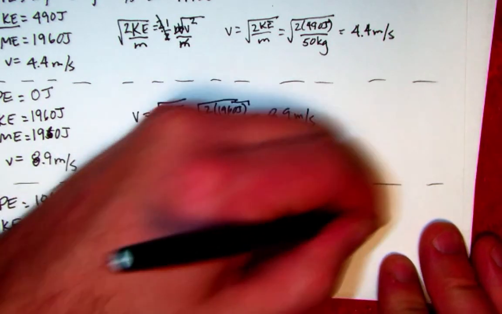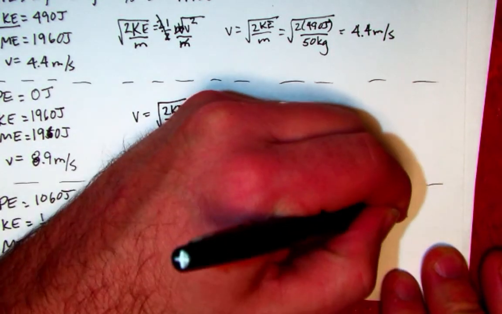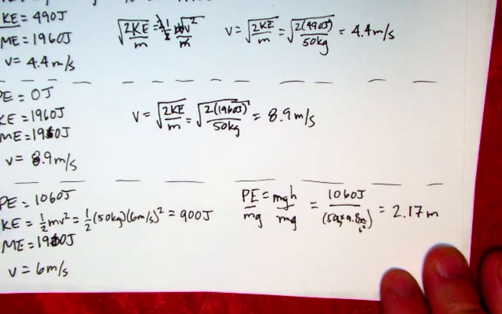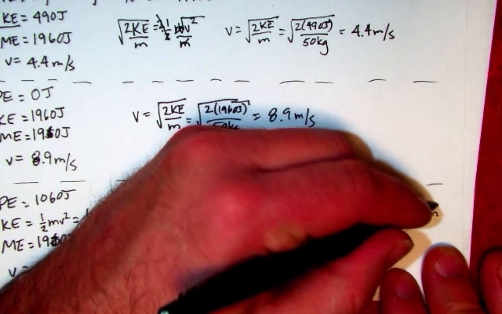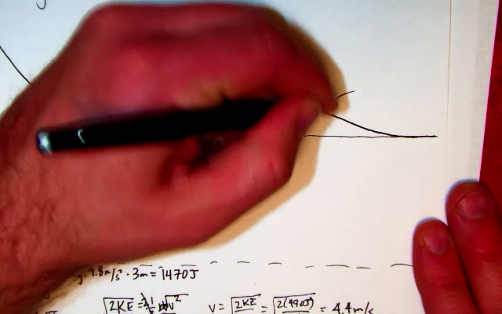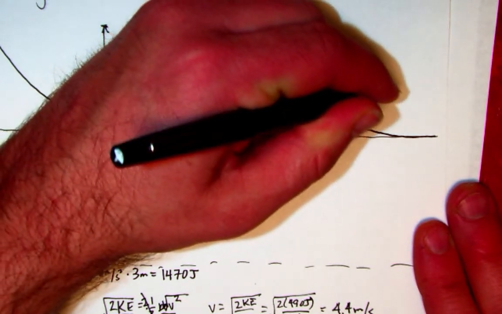And that works out to be 2.17 meters. So let's go up to the top here. This height is 2.17 meters. That's how tall that hill is.